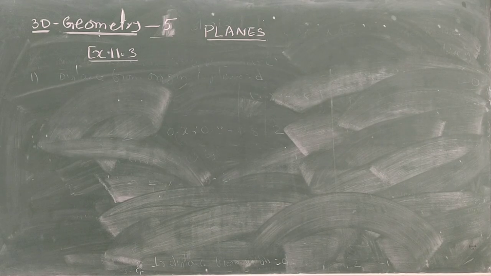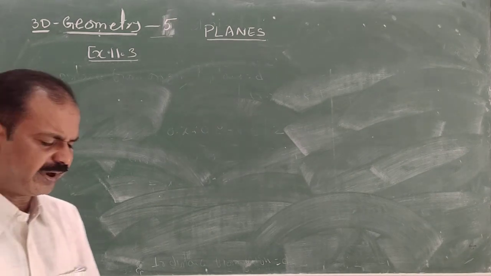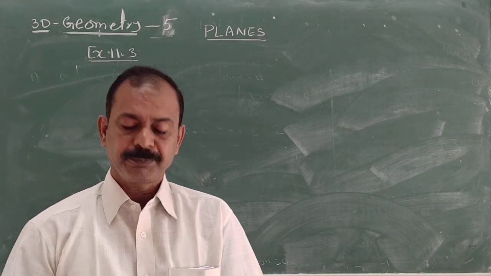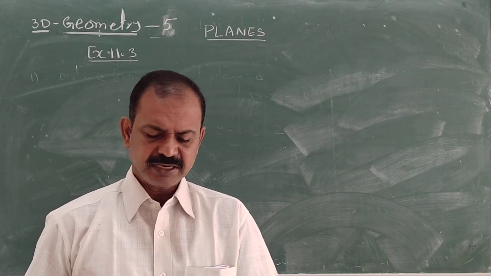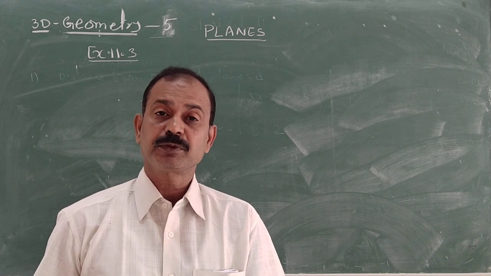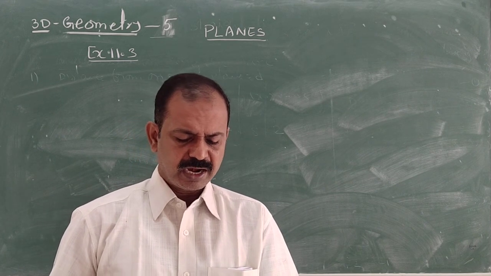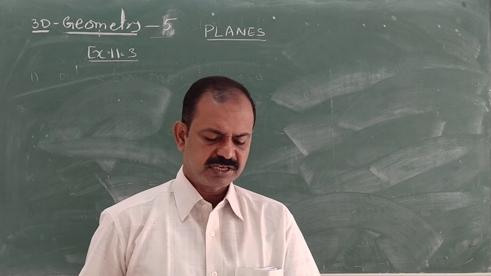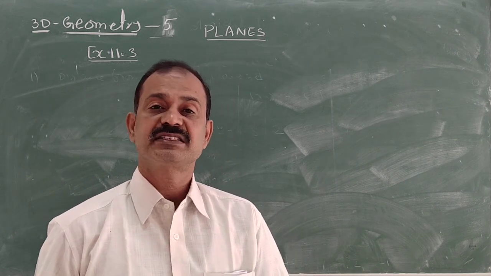Next is the second one. Find the vector equation of a plane which is at a distance of 7 units from the origin, d is given, and normal to the vector 3i plus 5j minus 6k.